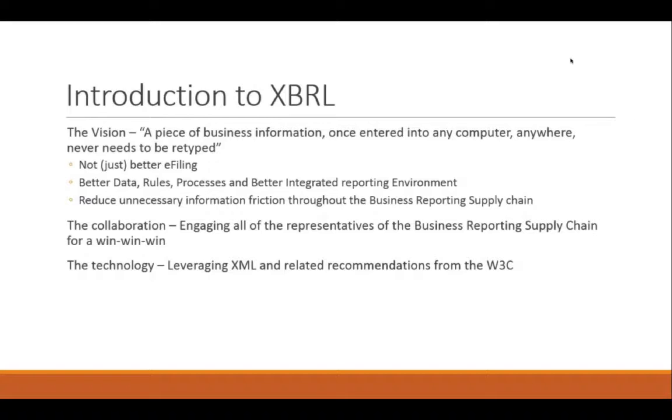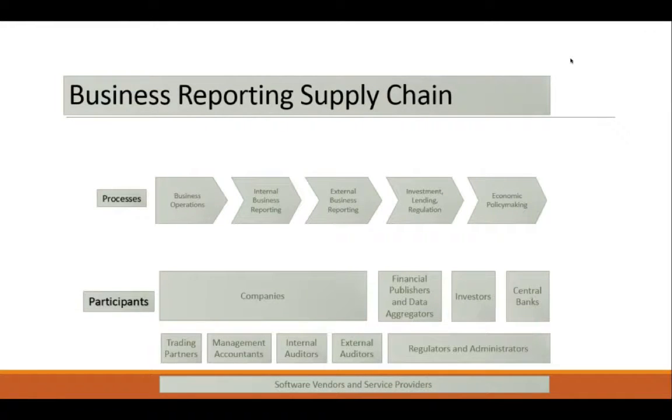This process needs the collaboration of different departments of the organization, so it needs to be integrated throughout the whole business reporting supply chain. This picture describes the business reporting supply chain. You can see that the process starts from the business operations.